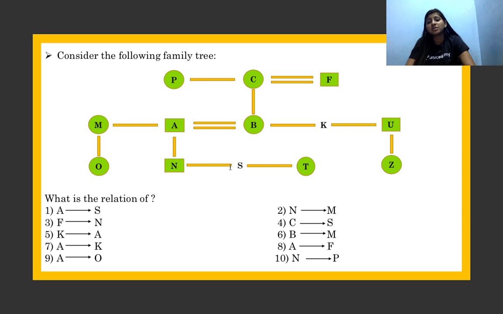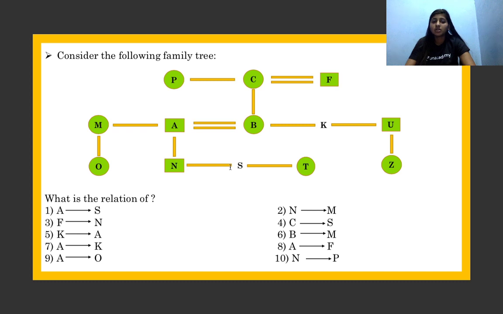Is S marked in a circle? Yes, the answer is A is the father of S, and S can be either a son or daughter of A. Next, N to M. Now, if it is not squared, it is not circle also, no?